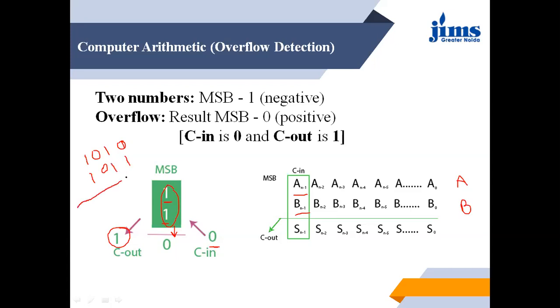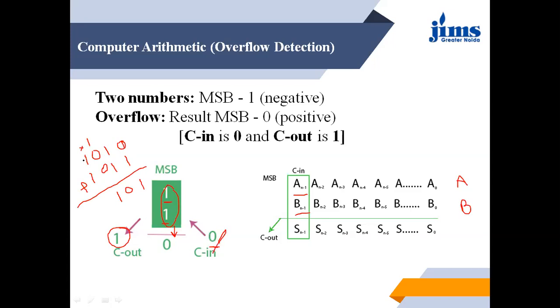When we add these two numbers, 0 plus 1 is 1, 1 plus 1 is 0 with a carry 1, and 1 plus 0 plus 0 is equal to 1. So there is no carry from the last digit, so C in is equal to 0.